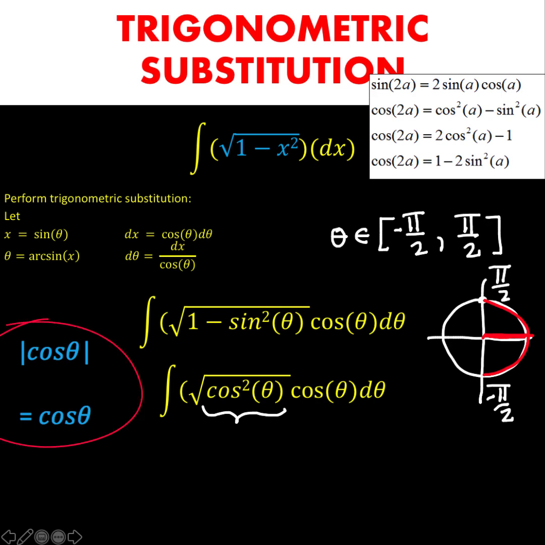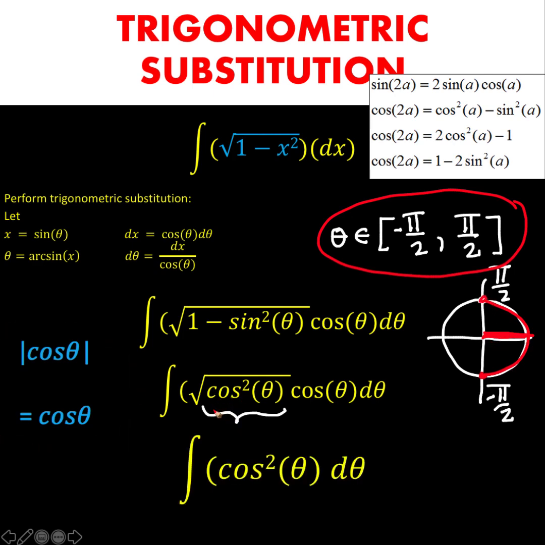So this one is just equal to cosine of the angle theta, given that our theta is restricted to this domain. That is because cosine is the x value in our unit circle, and the x value is always positive when the interval of theta, or the angle, is from negative pi over 2 up to positive pi over 2.